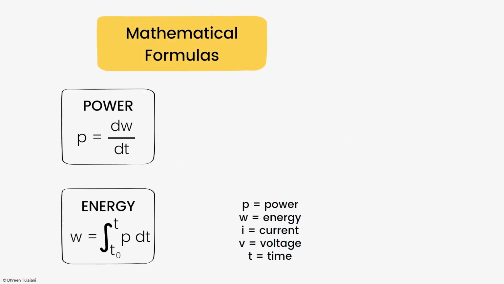Here are some important mathematical formulas. Power, or P, is equal to the derivative of energy with respect to time. Energy is equal to the integral of power from t0 to t with respect to time.